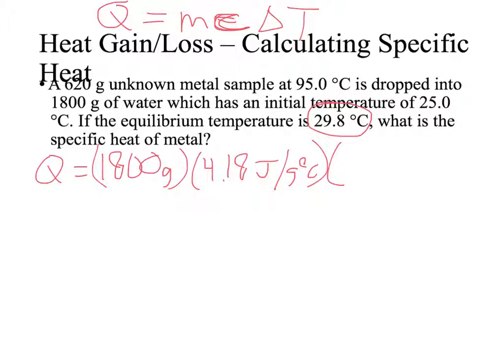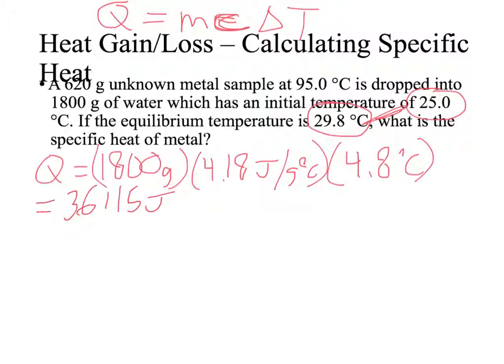Well, let's take a look at the change in temperature for the water. It went from 25 to 29.8, so that's 4.8 degrees Celsius. When we do that, we get a value of Q of 36,115 joules.